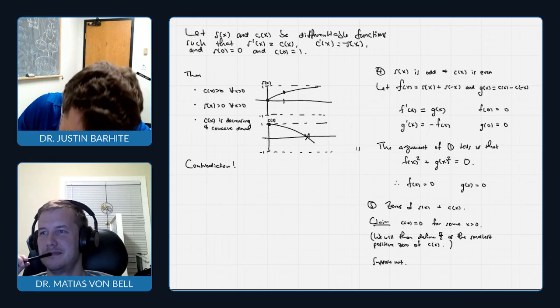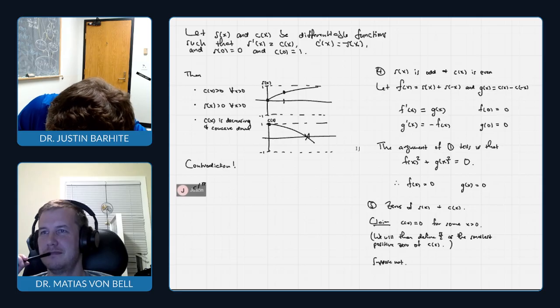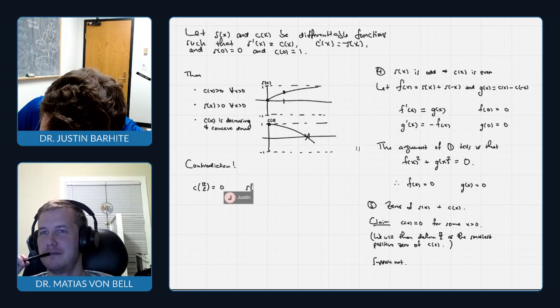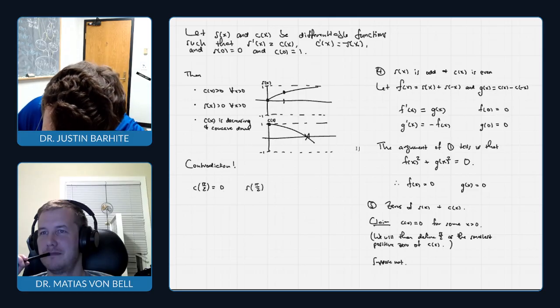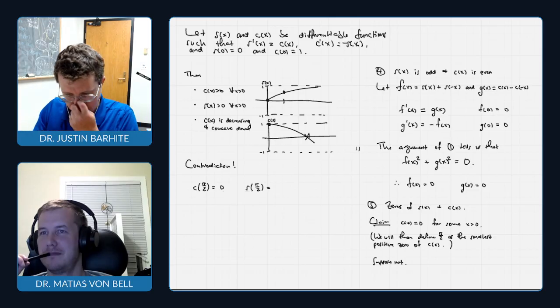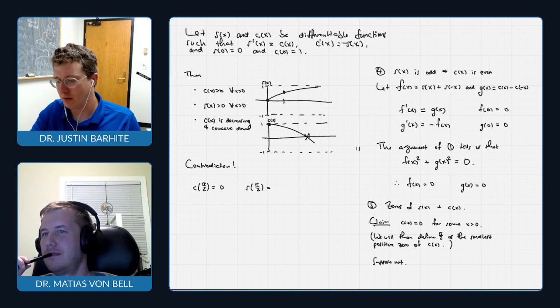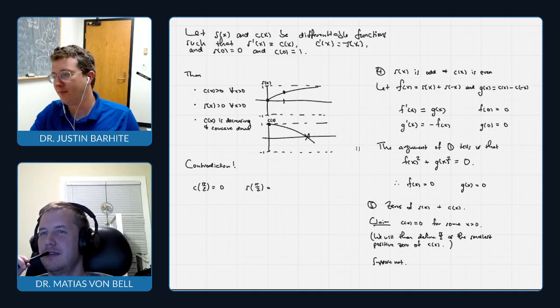So I know that C of pi over 2 is 0. What does that tell me that S of pi over 2 is? Well, I of course know the answer, but why? There's a very easy reason, using what we've already proven.